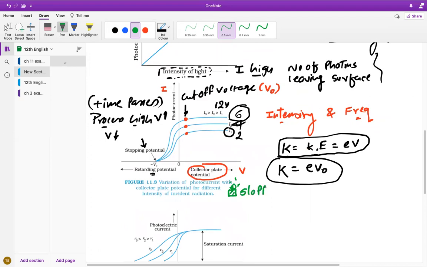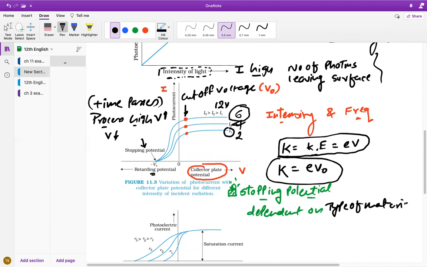My stopping potential is dependent on the type of material and frequency. And it does not depend on intensity.